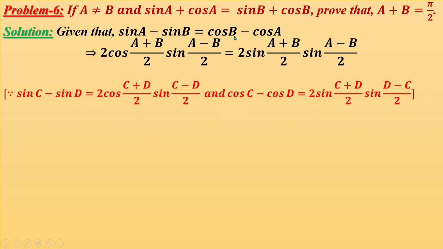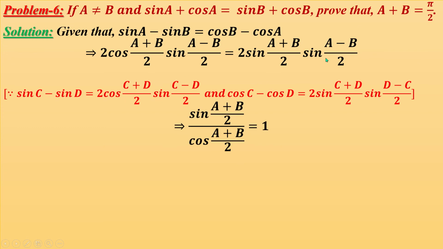Follow properly: here b is first, but here c is first, then a, here will be d. So this part is the same, c plus d by 2, here b plus a or a plus b, same as plus, but in the second part, at first this, that means (a minus b) by 2. So here (d minus c) by 2.